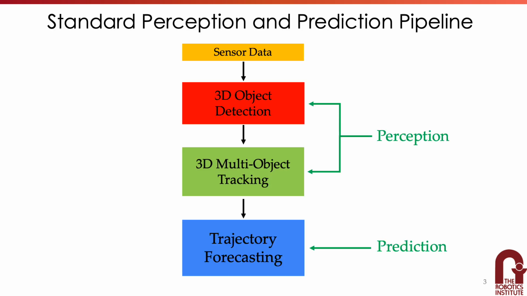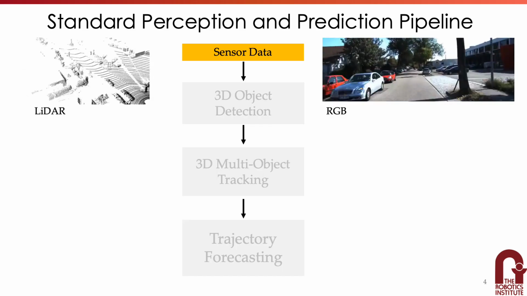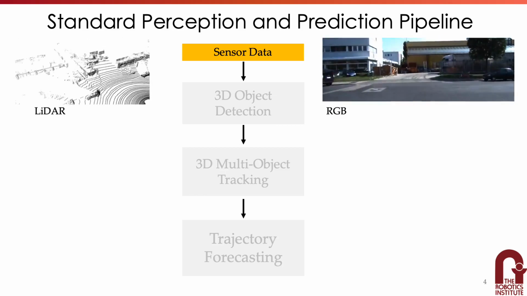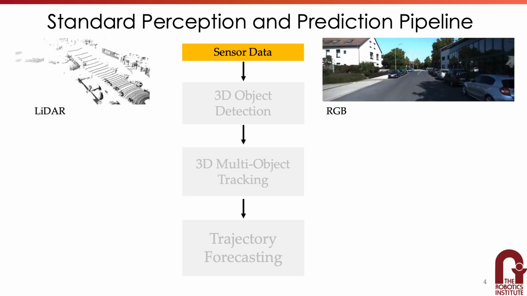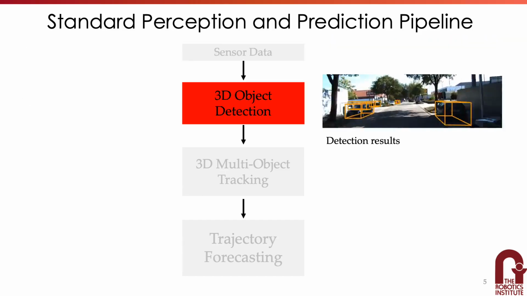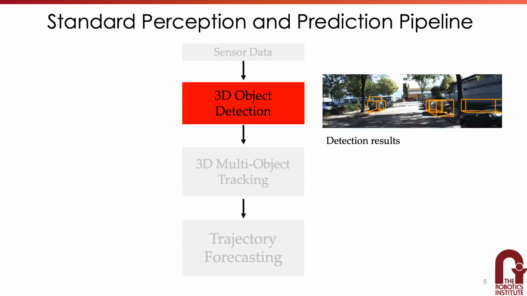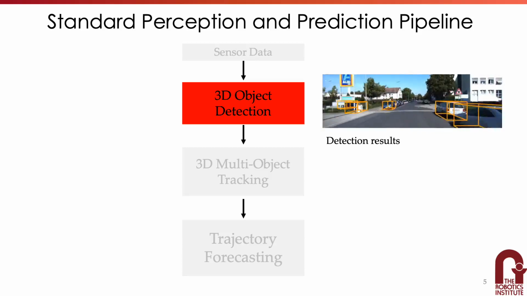To motivate our work, let's quickly review the standard perception and prediction pipeline. First, the sensor data is fed into the pipeline as inputs, which are often LiDAR point clouds or RGB frames, or the combination of them. Second, a 3D object detection module outputs detection results, often represented by 3D bounding boxes.